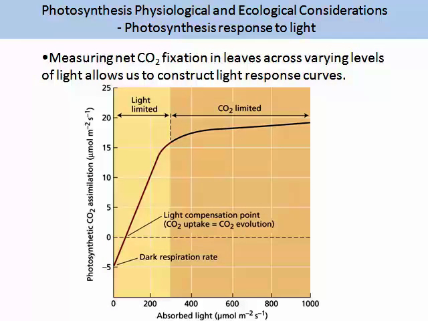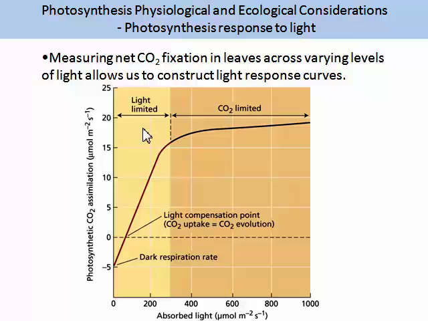Photosynthesis responses to light. You can measure net carbon dioxide fixation in leaves across varying levels of light, and this allows us to construct light response curves, i.e. the impact of the amount of light absorbed on the photosynthetic rate. On the figure on the slide, you can see that the photosynthetic rate is plotted against the absorbed light. You will notice in the first stage of the reaction on the left-hand side that the response is linear.